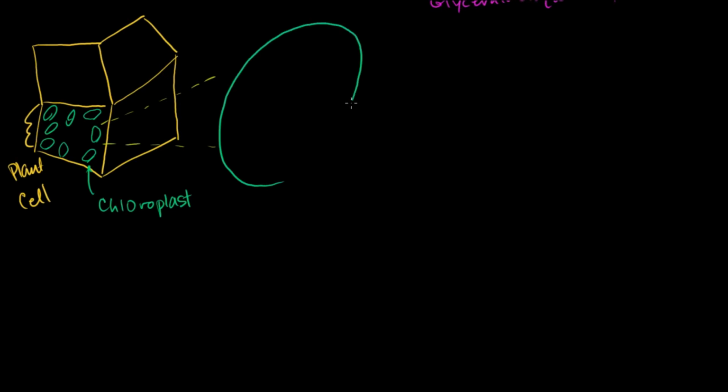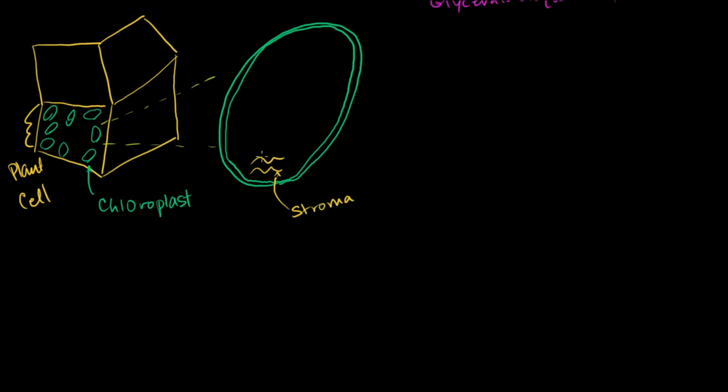It has a membrane that looks like that. And then the fluid inside of the chloroplast, inside of its membrane, so all of this fluid right here, that's called the stroma. The stroma of the chloroplast.